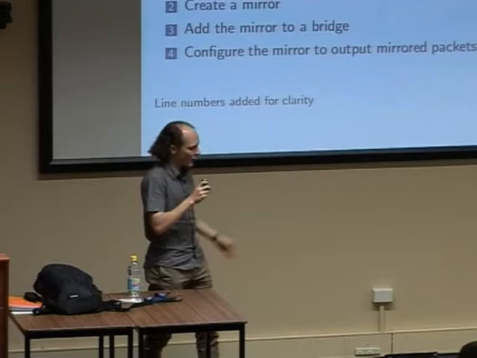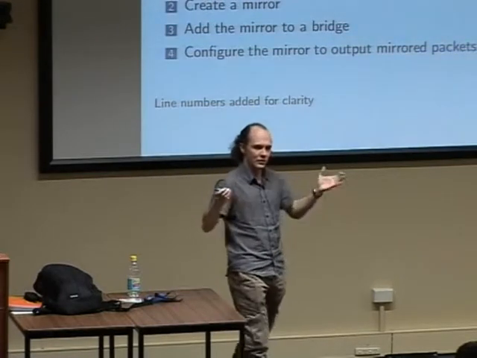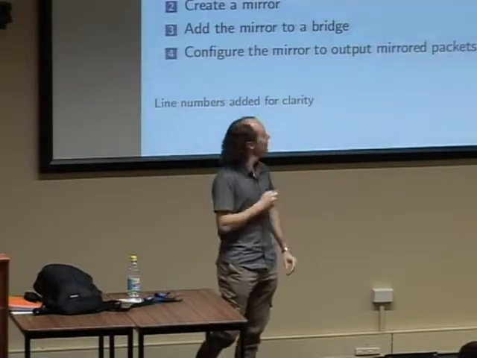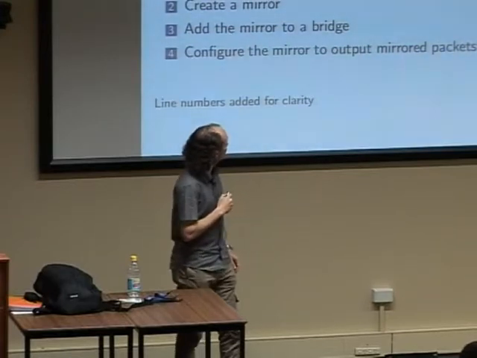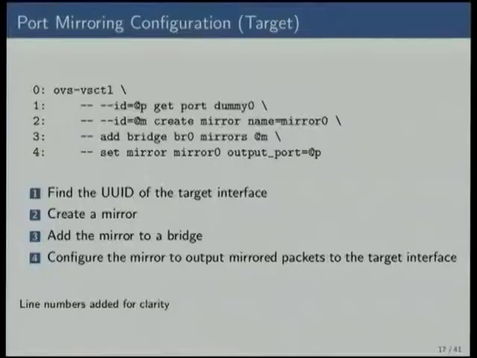We have the mirror, but it's just sitting there by itself. It's not attached to anything. So now we need to say this mirror will be used on bridge0. That's what the third line does. This bridge has a list of mirrors, which was up until now empty. And now we've added one mirror to it, which is the one created on the previous line.